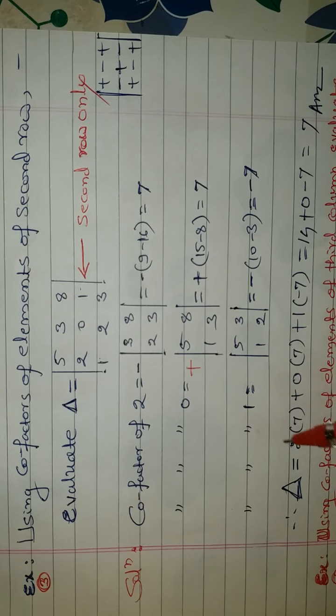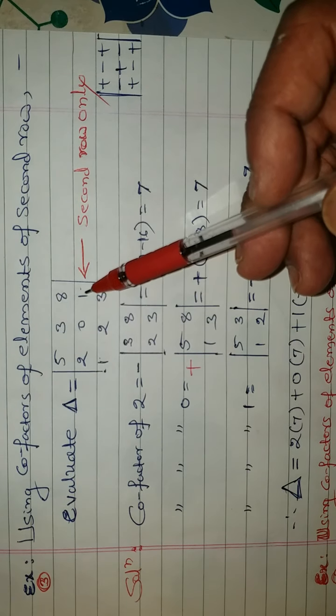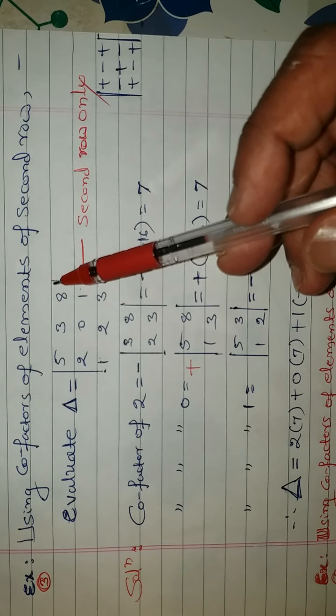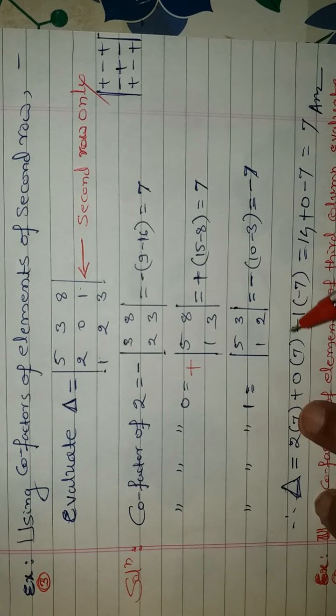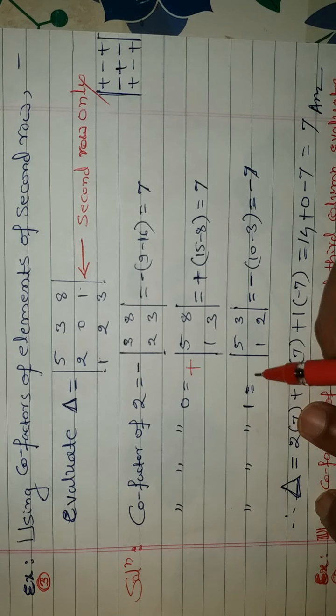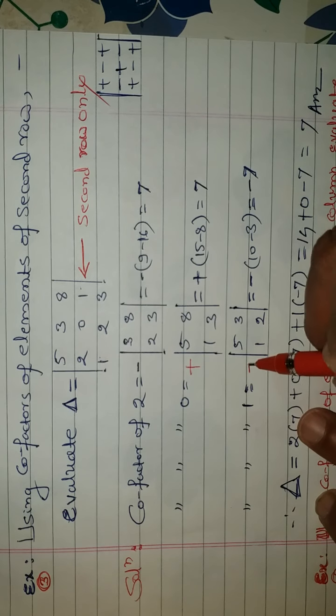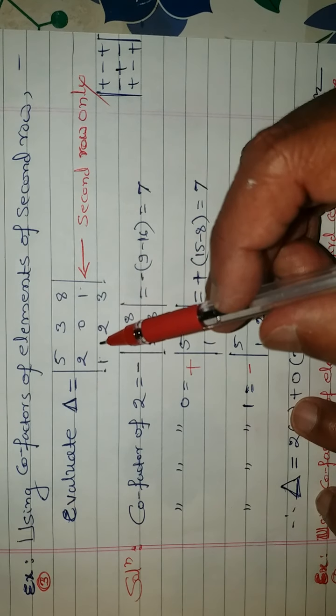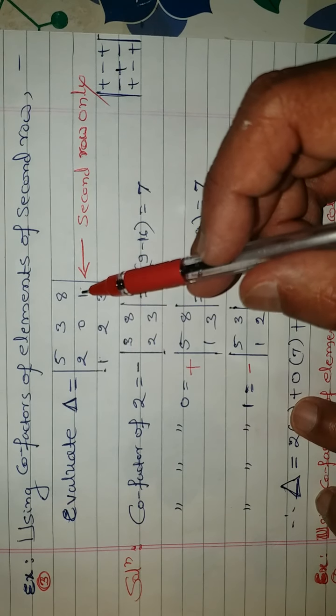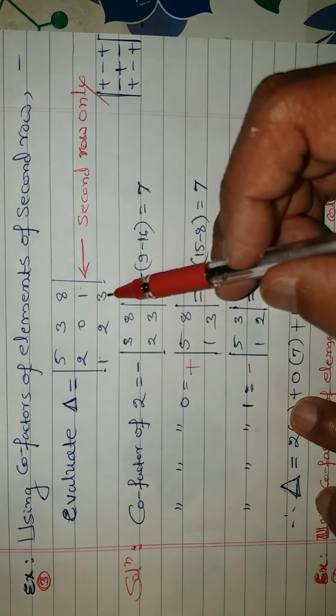Then the cofactor of the element 1, which lies in the second row, third column. Then according to the sign, minus is here. So minus into, you leave the second row, third column.